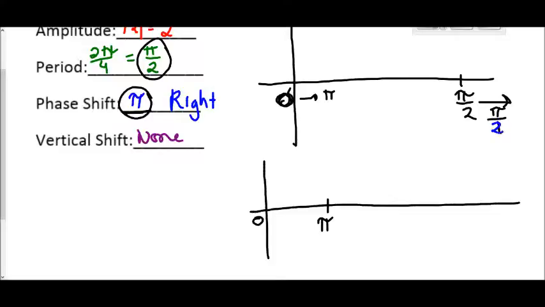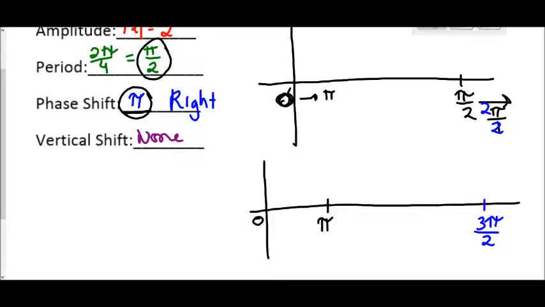So that's a 2 here and a 2 here. So 1 pi over 2, that will be a 3 pi on top and a 2 on the bottom. So we have 3 pi over 2. So our graph is going to be from pi to 3 pi over 2.